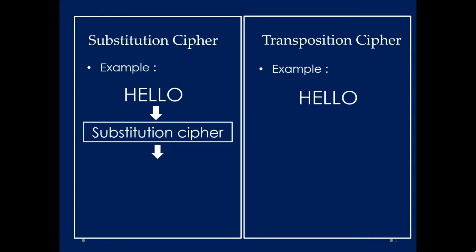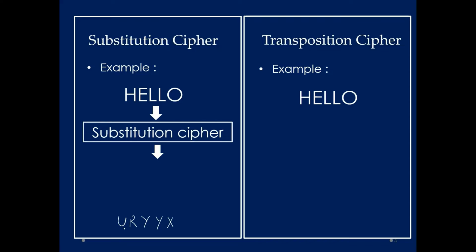For example, H will be replaced with, let us say, U. E will be replaced with another letter, let us say R. L will be replaced by the letter Y. L has occurred again, so it will be replaced by the same letter which is assigned to plain text L, that is Y. O will be replaced, let us say, by X.